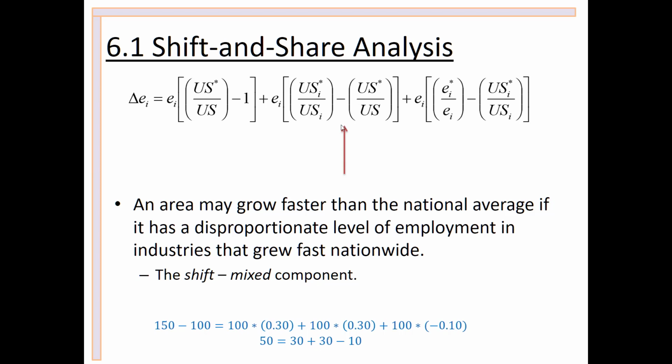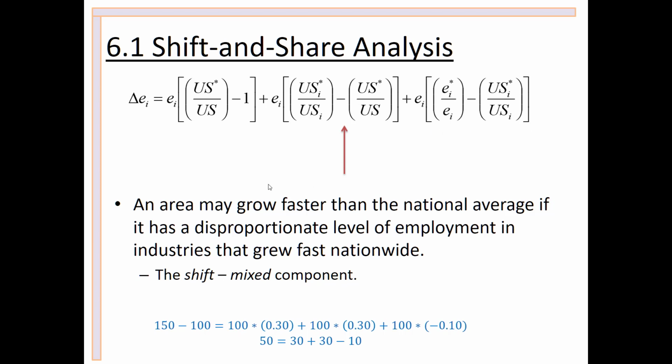So 30 jobs were generated in the region just because that region specializes in agriculture, and agriculture is a dynamic sector at the moment. Notice that those 2 percentage changes here, they are in national level. So I am measuring the competitiveness of the industry all around the country, not necessarily the competitiveness of the agricultural industry in the region. This is just a dynamic industry at the moment. This is called the shift mixed component.